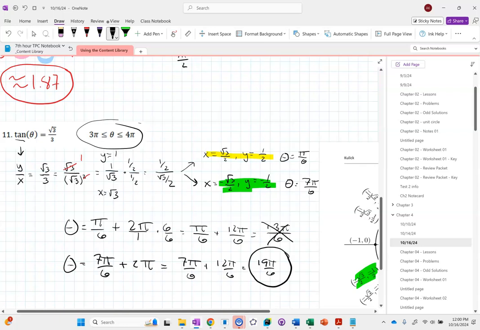So this was the hardest one, I thought, on this sheet, because it's not obvious how to take the square root 3 over 3 and figure out where that is on the unit circle. And even after you do that, the answers that you pull from the unit circle aren't the ones you need. You have to go and find the coterminal to that.